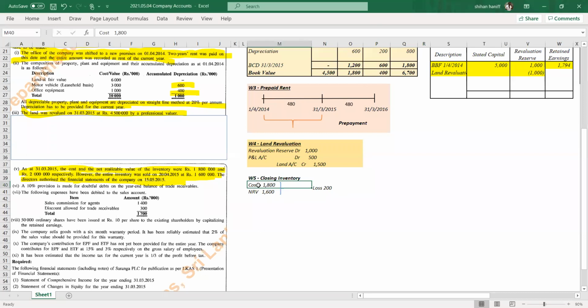Previous NRV was 2,000. Previously, when they were preparing the income statement and calculating the cost of sales, they had taken 2,000. But actually, the NRV is not 2,000. It's 1,600. Actual NRV is 1,600, not 2,000.